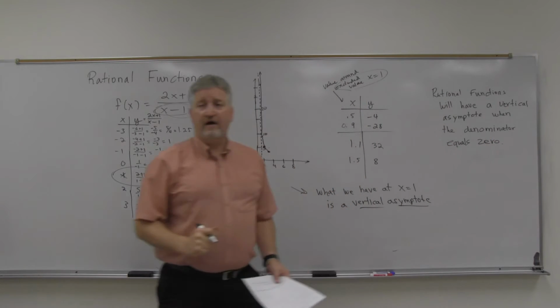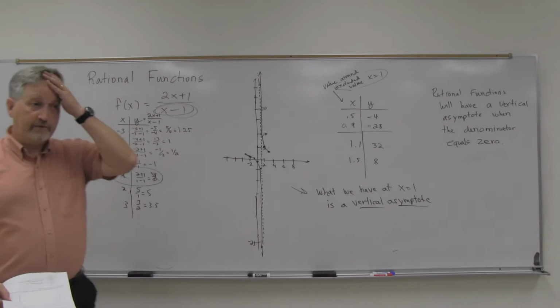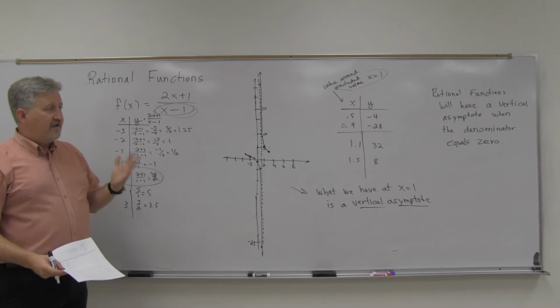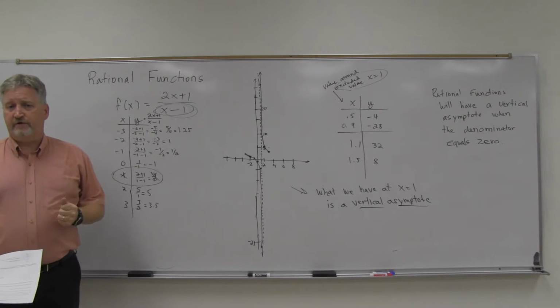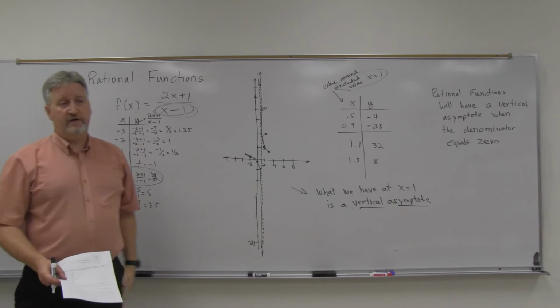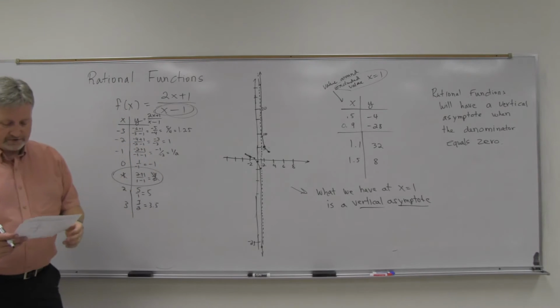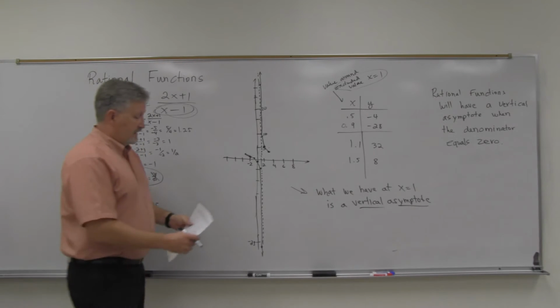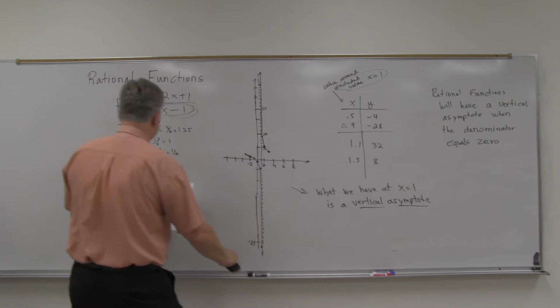So that's how we'll find these vertical asymptotes. That's the first thing we're going to do here, find asymptotes, the first of which is the vertical asymptotes. The vertical asymptote is going to be when the denominator equals 0 in general. There are some exceptions there, but all right.